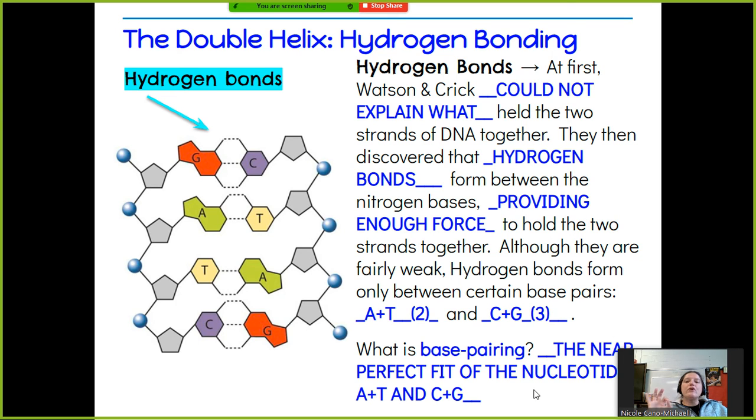It is the near perfect fit of all of our nucleotides. A and T perfectly fit together with these 2 hydrogen bonds. C's and G's, cytosine and guanines, always fit together just about perfectly with 3 hydrogen bonds. And there are our lovely hydrogen bonds in the middle.